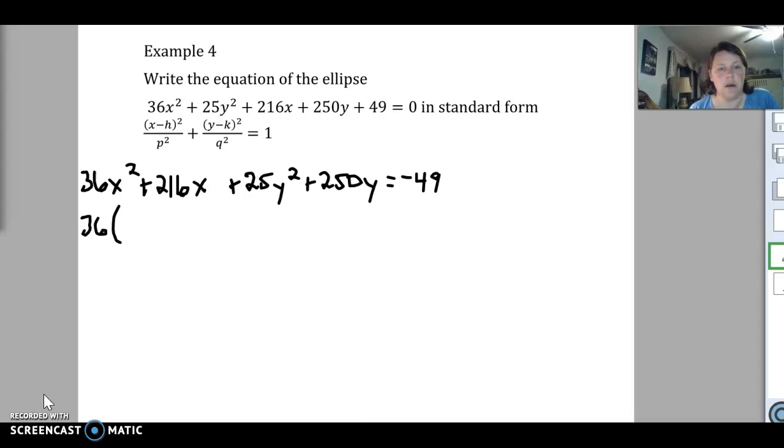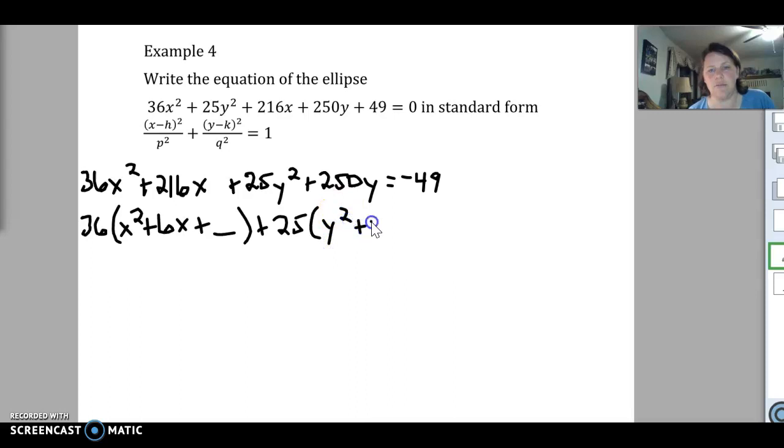Yep. So factoring out a 36, we get x squared plus 6x. Okay, I'm going to go ahead and do a couple steps here in one. Let's go ahead and add our blank in there at the same time. Okay, and then we need to factor out a 25 from our y terms. So we'll have y squared plus 10y plus a blank is equal to negative 49.